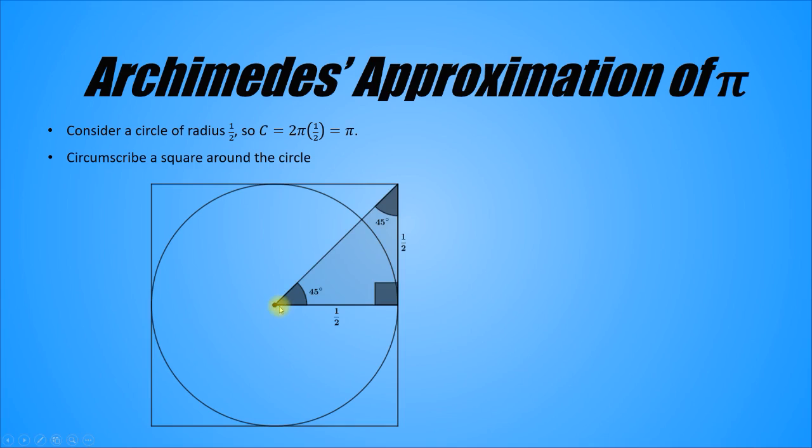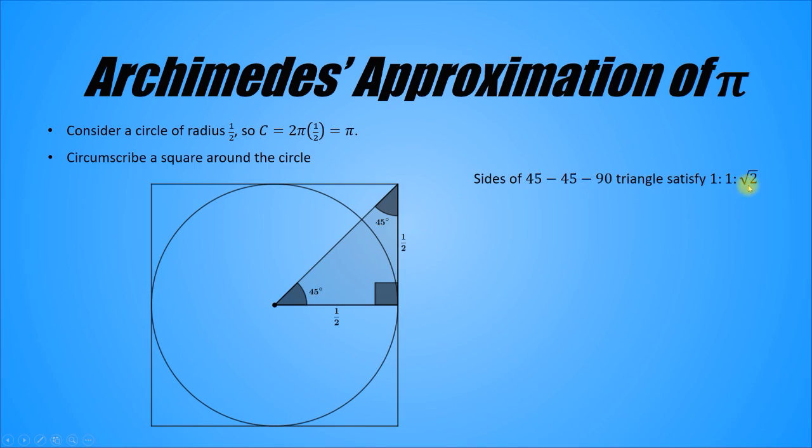So I'm going to draw a line segment from the center of the circle to the upper right corner of the square to complete a 45-45-90 triangle. And since the measures of these two angles are equal, the measures of these two sides are equal. So this is 1/2. In fact, the lengths of the sides of a 45-45-90 triangle satisfy the ratio 1 to 1 to the square root of 2.